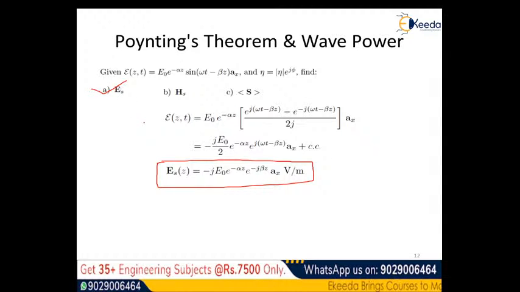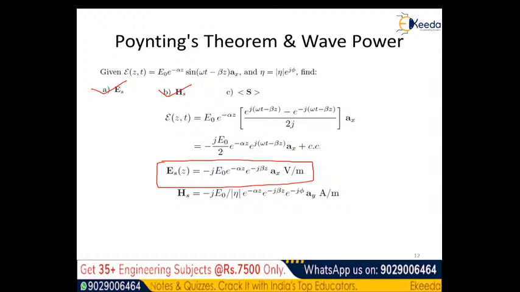Now that we know this expression for ES, the determination of the expression for HS becomes simple. Here we consider positive z travel for the electromagnetic wave and ES along the x direction. So for HS, the magnetic field intensity, the only alternative is the positive y direction.